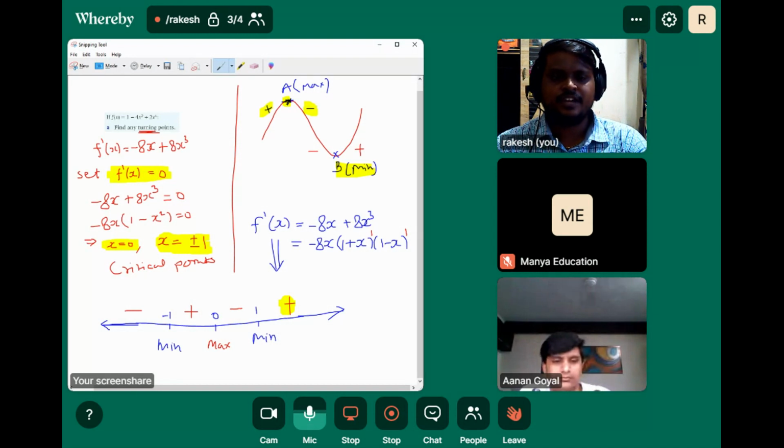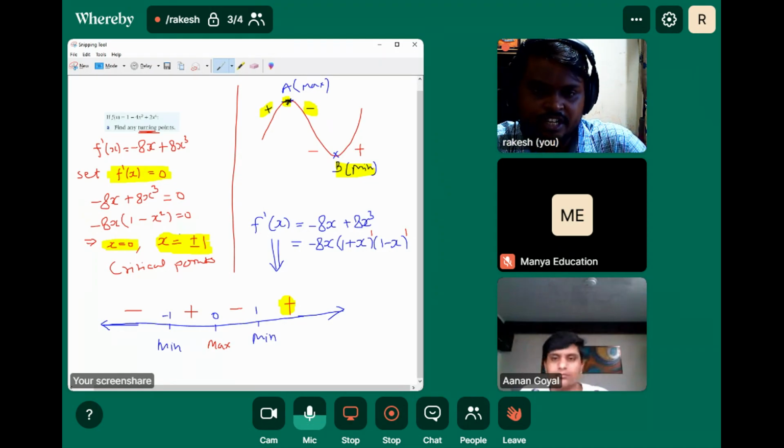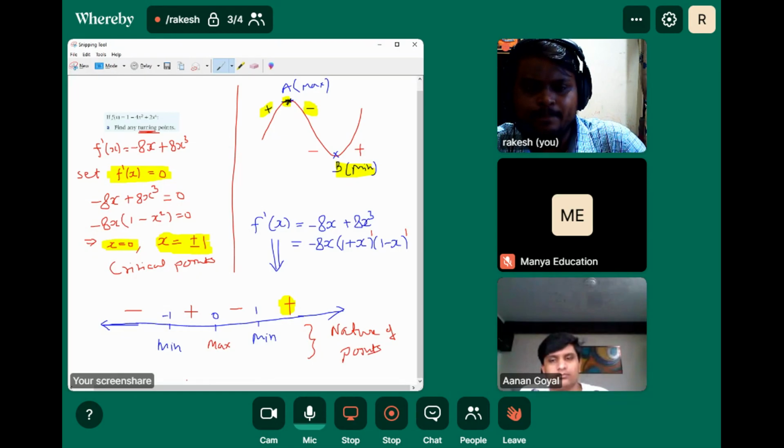So this is how we can find out the nature of the points. Okay, this is called the nature of the points. If I find out whether the point is maxima or minima, this is said to be the nature of the point.